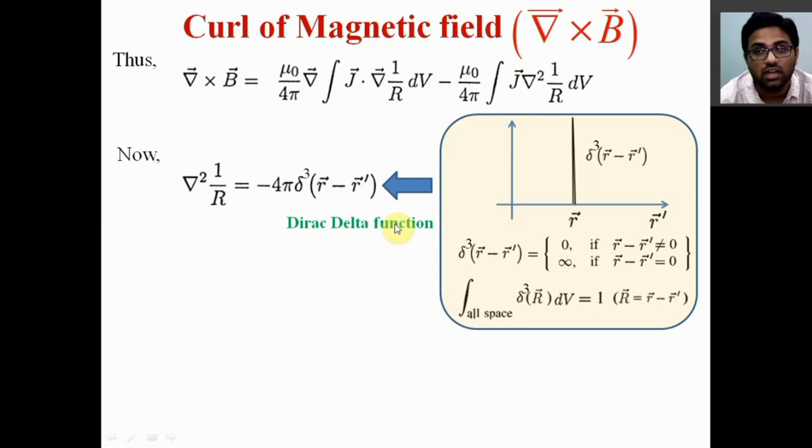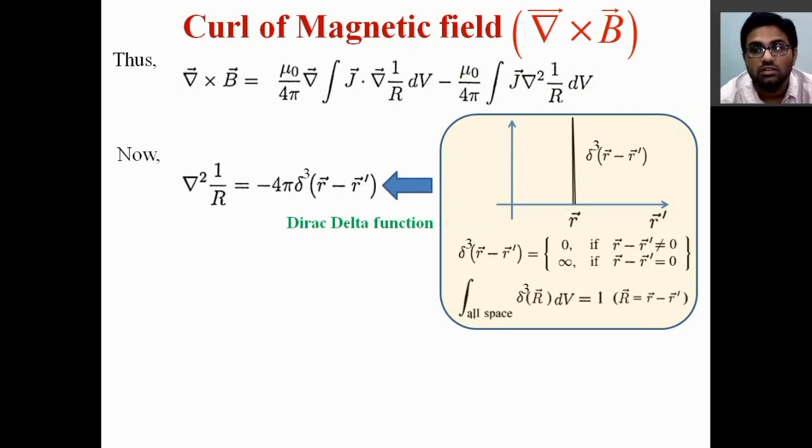Now what is a Dirac delta function? So you know we have already introduced the concept of Dirac delta function in electrostatics in the discussion of divergence of electric field, right? Now you know that the electric field for a point charge at any point of r distance from the charge varies as 1 by r square, and if you operate divergence on 1 by r square, it will produce Dirac delta function, right?